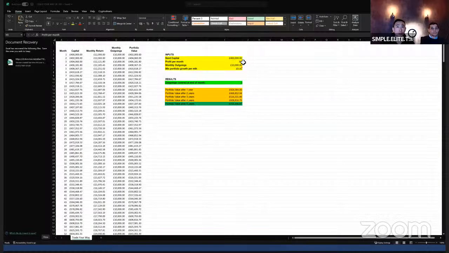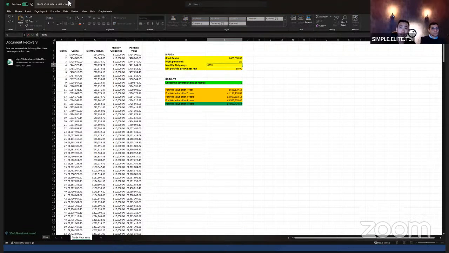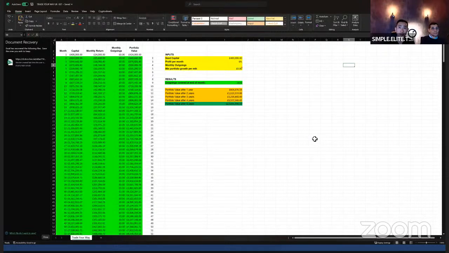My account, I trade about a £400,000 account, and say about £8,000. Let's just say I just trade this amount. I don't need to have any outgoings whatsoever.